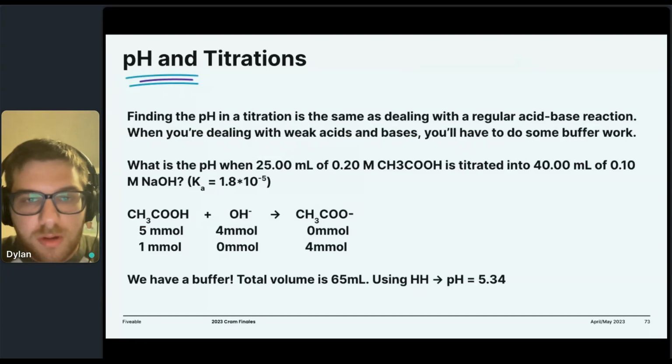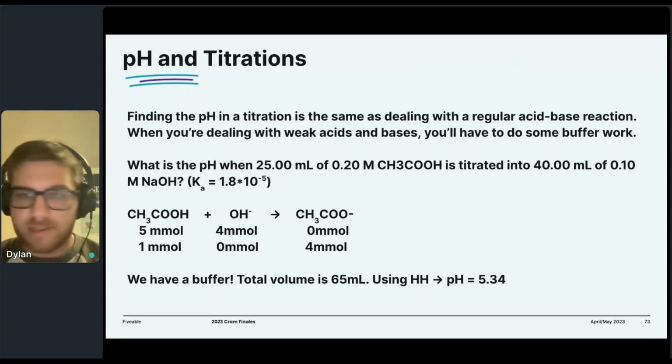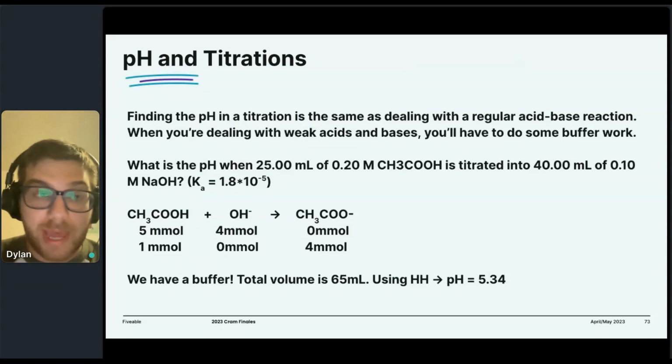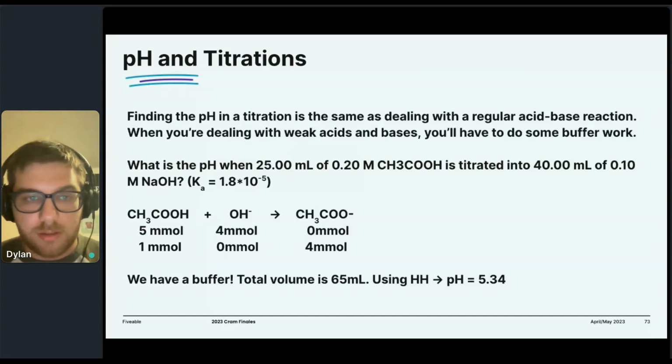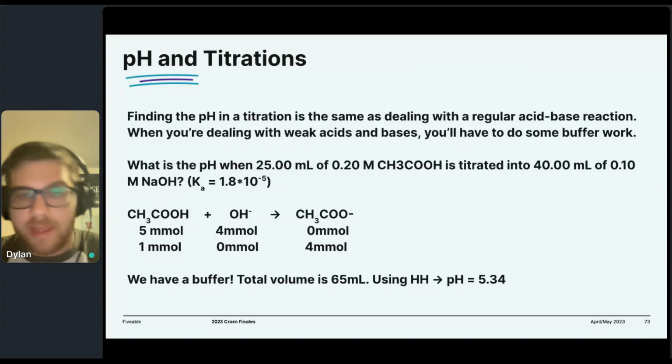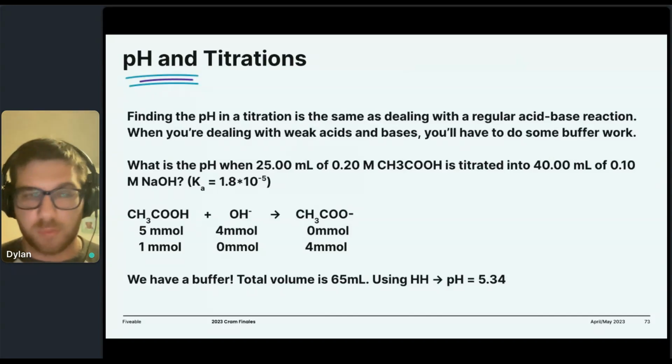So for example, we have some titration of acetic acid into NaOH. So a weak acid into a strong base. Well, we know that sodium is a spectator, and the net ionic is going to look like acetic acid reacting with the hydroxide ion to form acetate and water, but water is kind of ignored here because water is a solvent, so it won't be involved in the equilibrium, or won't be involved in the net ionic.